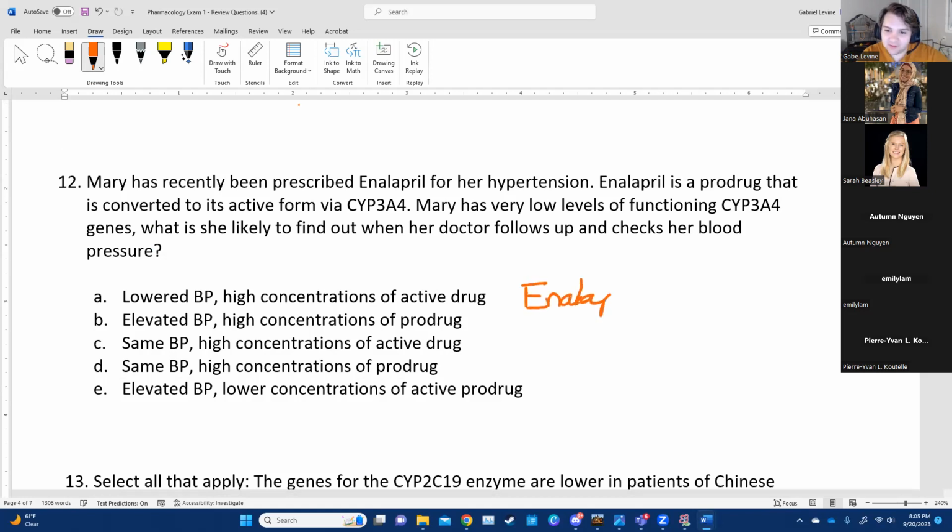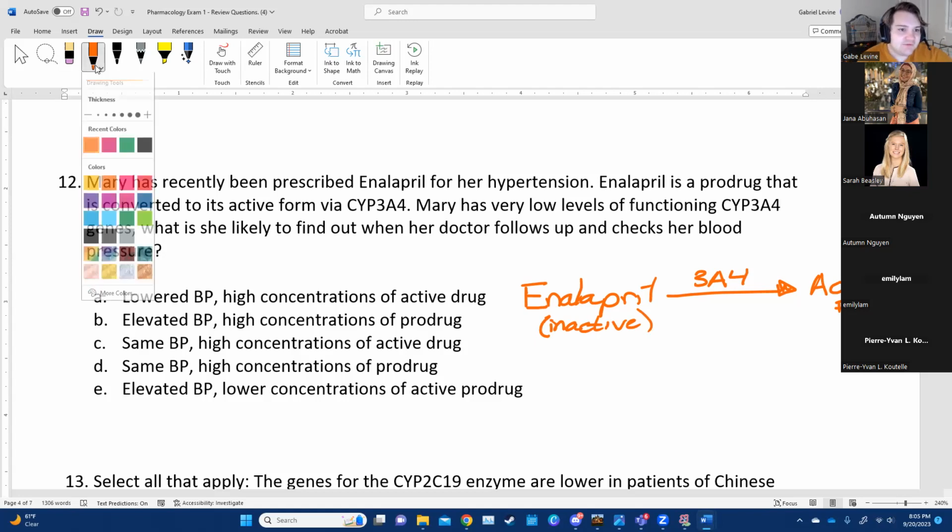So we have enalapril, which is metabolized by CYP3A4 into its active form. Is enalapril active or inactive? It is inactive. It's a prodrug, which is why it requires the enzyme to put it into its active form.